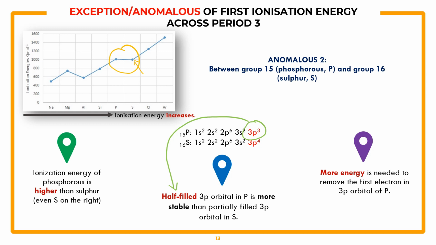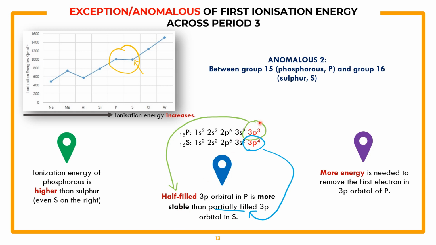For the 4 electrons in the 3p, this kind of arrangement we call partially filled. Again, between the half-filled 3p orbital and the partially filled 3p orbital, of course the half-filled 3p is more stable.